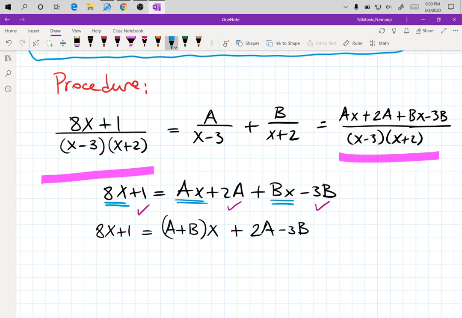And now I'm going to see that the coefficients of x must be the same and the constants must be the same. So the blue equation is A plus B equals 8. And my purple equation is 2A minus 3B is equal to 1.